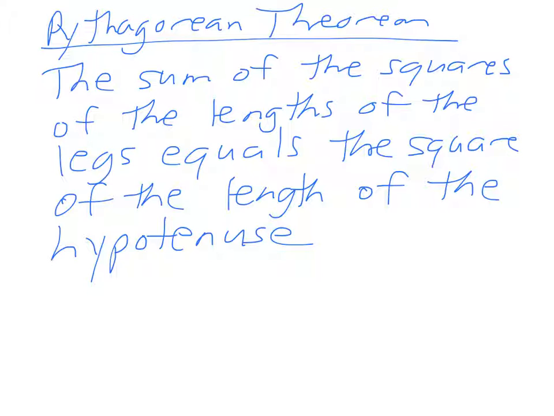The sum of the squares of the lengths of the legs equals the square of the length of the hypotenuse. And that is the true Pythagorean theorem.